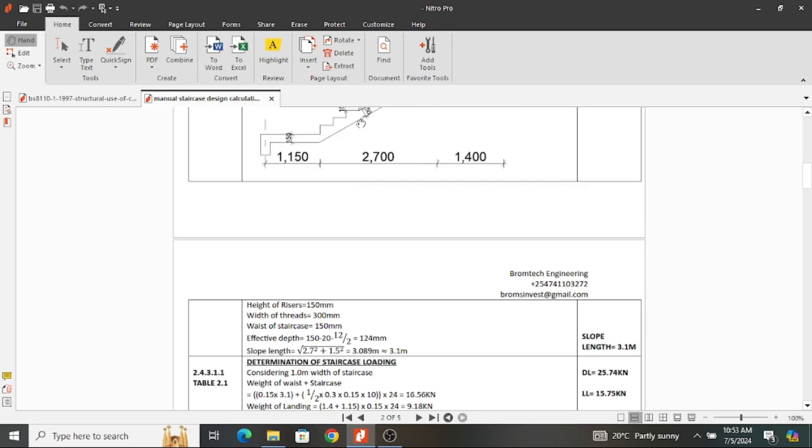So that means we take 150, we subtract the bottom cover, and I'm assuming a cover of 20, and we subtract half the bar dimension, assuming I'm going to use a main bar of 12 millimeters, therefore I'm going to get 6. So 150 subtract 26, I'm going to have 124 millimeters as my effective depth.